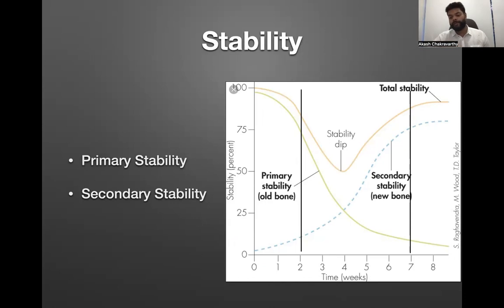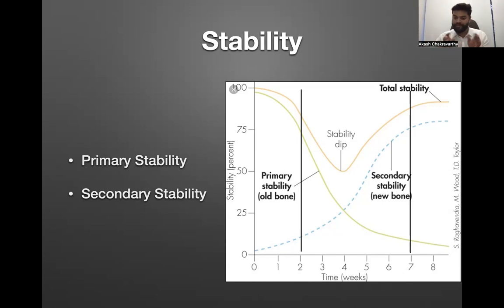The green line shows the primary stability. When you place the implant, it is high, but gradually it dips down, and the secondary stability is the blue dotted line. It is 0 in the beginning, but then it rises as time passes. About 7 to 8 weeks, your secondary stability is at the peak.